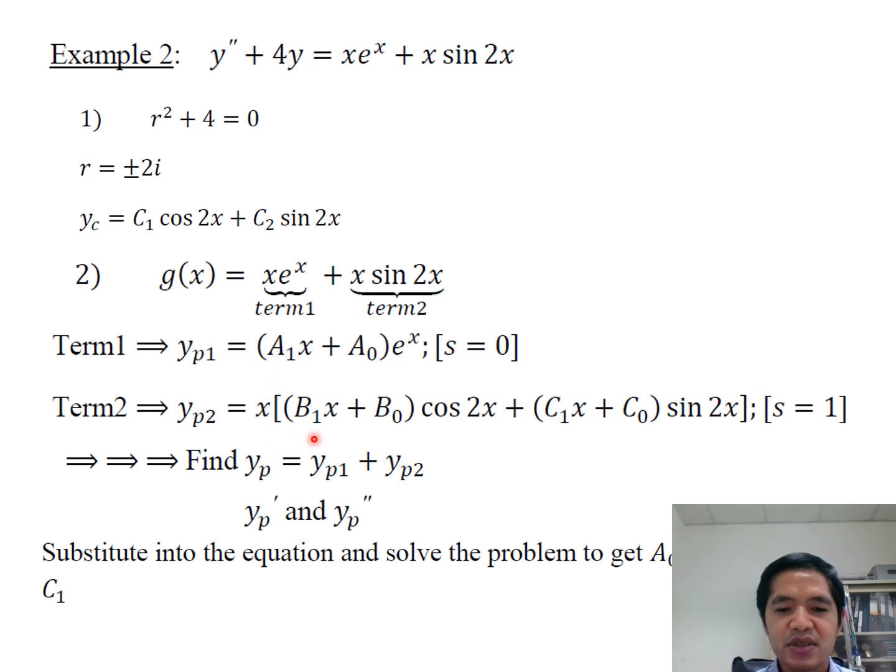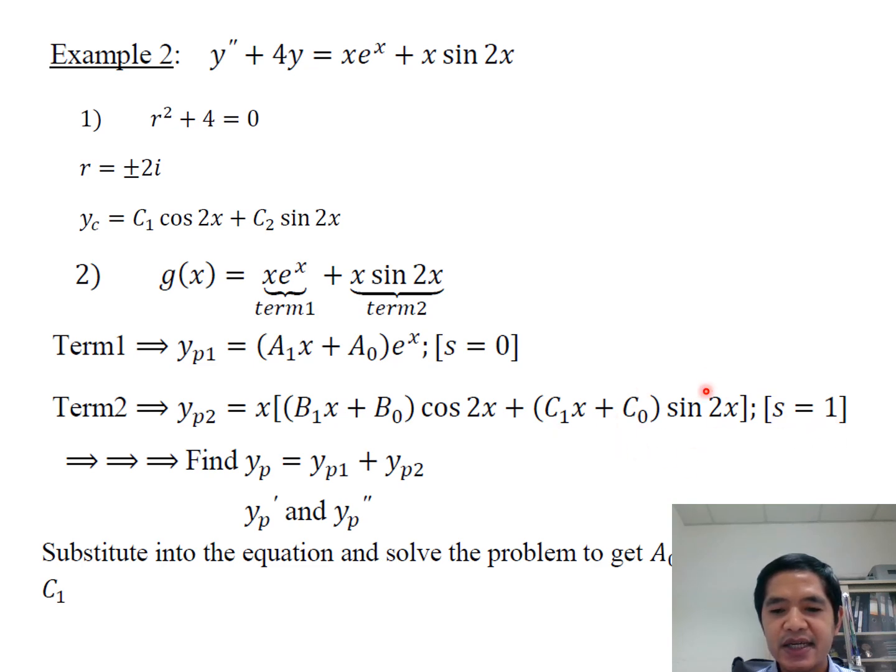But when you compare this and this one, we have b0 cos 2x and c1 cos 2x, which is the same solution. So in this case, s cannot be 0. It has to be a higher value, which is 1, x to the s equal to 1, and s is equal to 1 here.